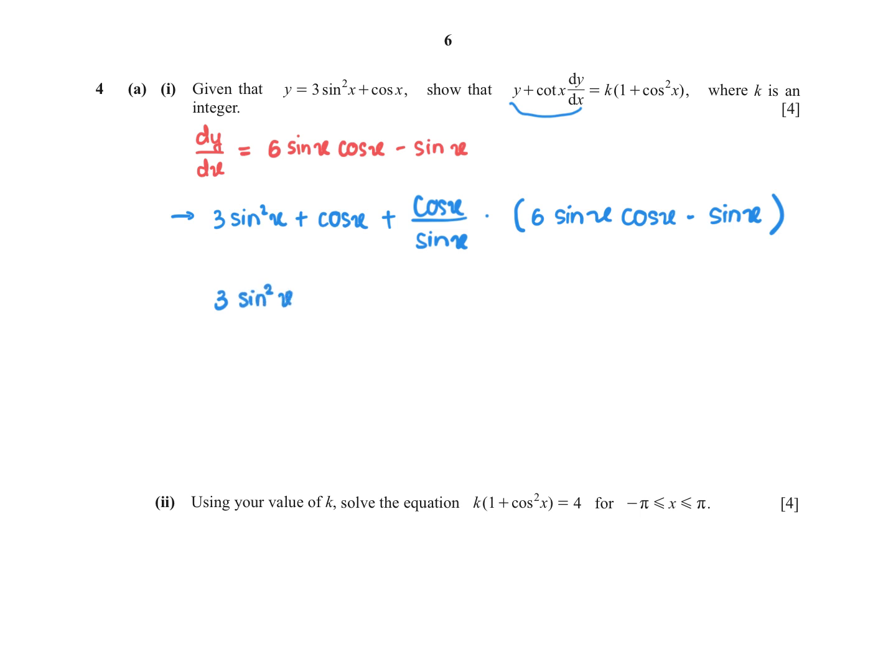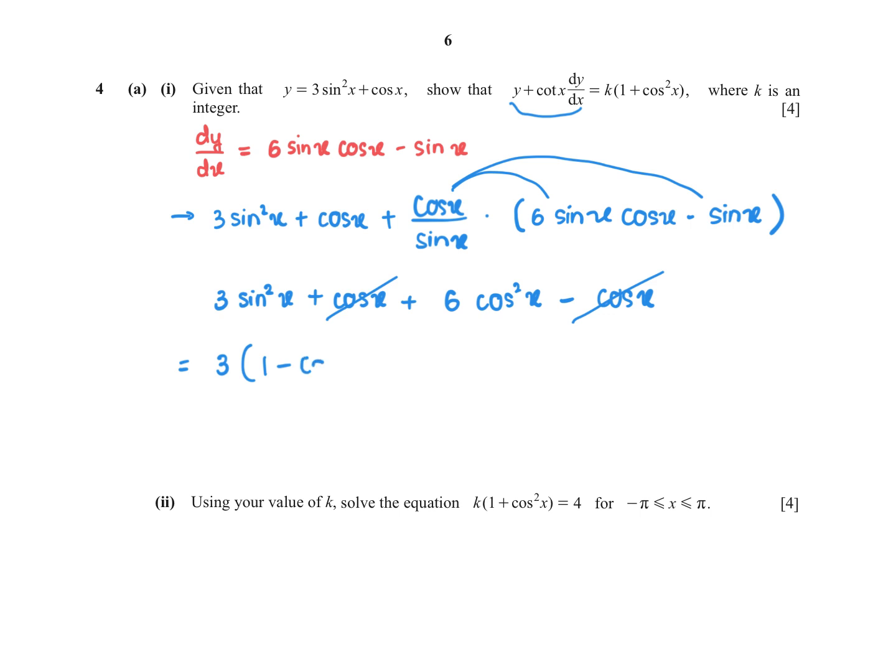These two terms stay the same. And this one we expand and simplify. It is equal to, cancel cos x, and then sine squared x is 1 minus cos squared x plus 6 cos squared x.